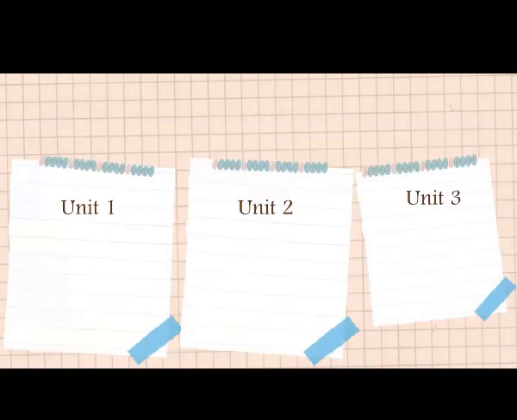This language level falls into 3 units. By the end of Unit 1, you'll be able to say your name and ask for another person's name.